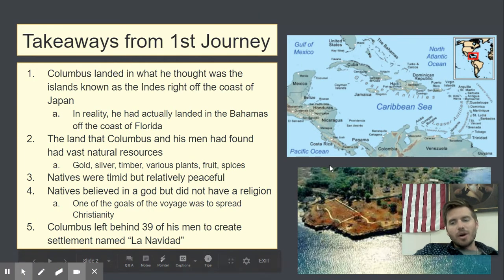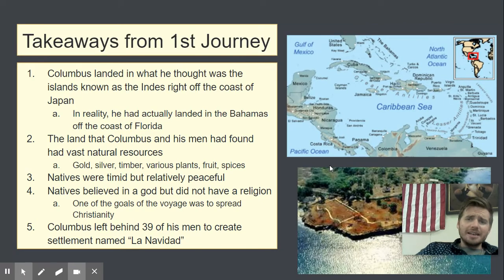All right, so takeaways from the first journey. So here's what we talked about last week. Columbus landed in what he thought was the islands known as the Indies, which are right off the coast of Japan. But in actuality, he landed in the Bahamas. So the Bahamas are right here. As you see, this is the United States. This is Florida. But the Bahamas are right here.